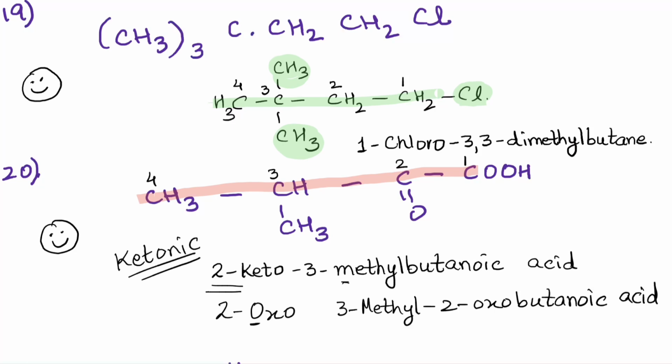You would be seeing the name ketonic group in most of the compounds that you would be seeing, but the recent recommendations of IUPAC prefer the oxo word as a prefix for the C double bond O group present in the compound. Nevertheless, for this challenge, we shall accept both the names as getting you a smiley.